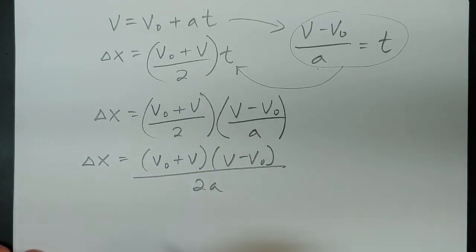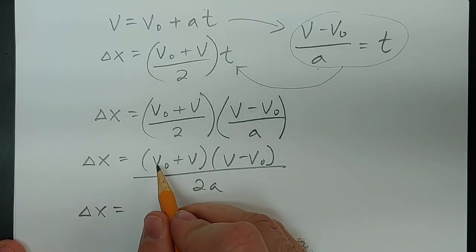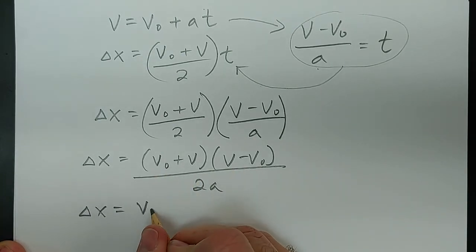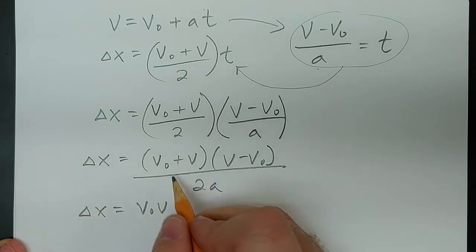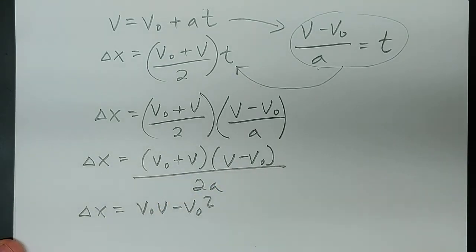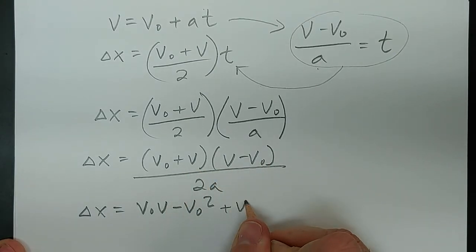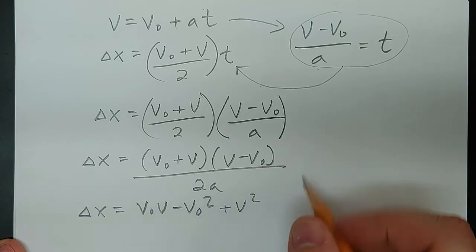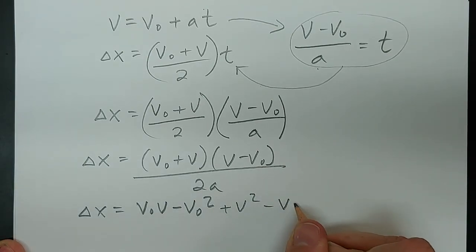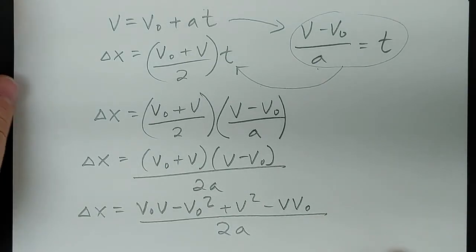So in the numerator, that's going to be V naught times V minus V naught squared plus V squared minus V naught V over 2A.